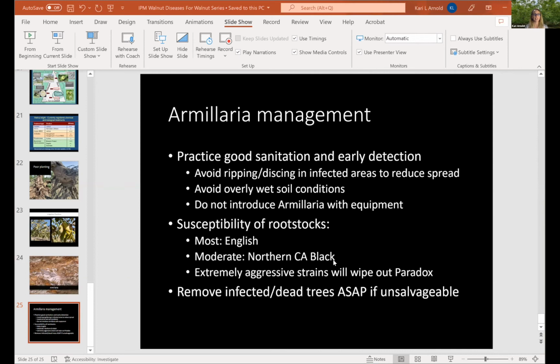Okay, so identifying diseases of walnut and management strategies. So what is the causal agent for crown gall in walnuts? Is it Agrobacterium tumefaciens, Geosmithia morbida, or Cytospora chrysosperma?